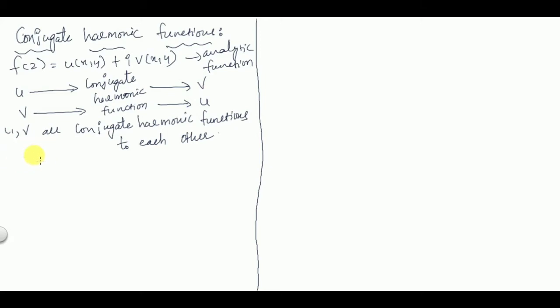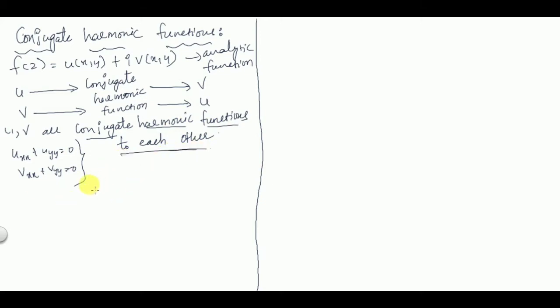First of all they have to satisfy the harmonic function concept, that is uxx plus uyy is equal to 0 and vxx plus vyy is equal to 0. If they are satisfying these conditions, then they are said to be harmonic, and if both are satisfying these conditions, then they are said to be conjugate harmonic functions to each other.